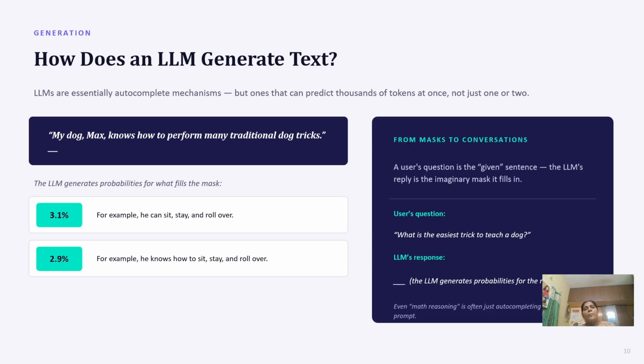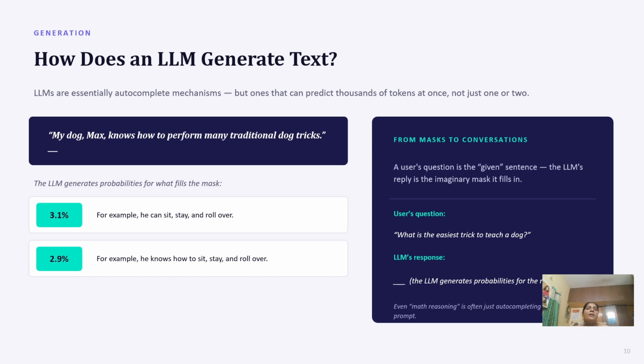When you talk about how LLMs generate, as said, LLMs are essentially autocomplete mechanisms. They can predict thousands of tokens at once, not just one or two. Here is another example that generates the probabilities for what fills the mask.